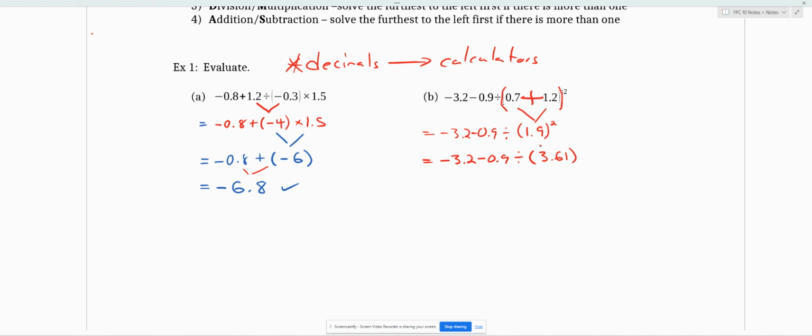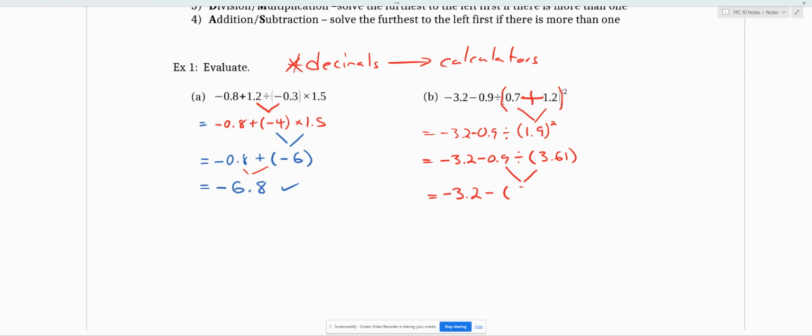Now I have to do the division. So I'm going to do my division step here. Again, copy what I don't touch, negative 3.2, subtract, and what do I get? I'm going to place it in brackets to be careful. This is 0.9 divided by 3.61, which is going to give me approximately, this is a bit of a longer number, so I'm just going to keep several more digits.